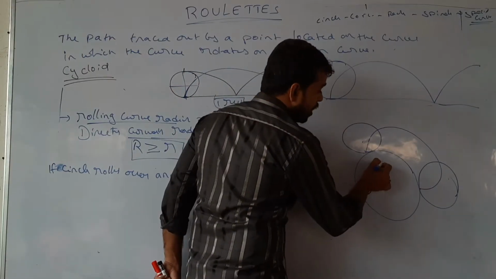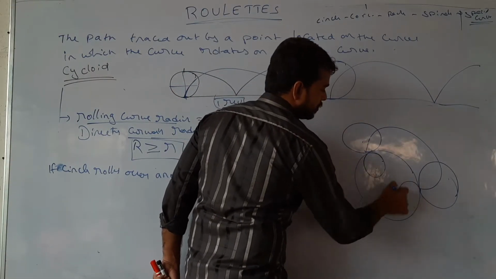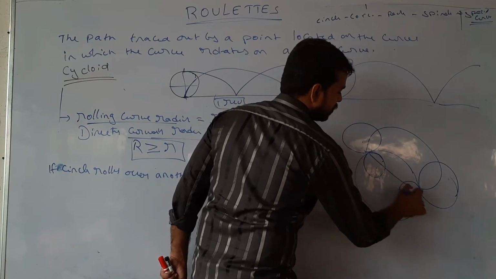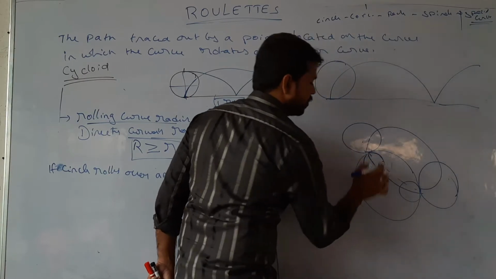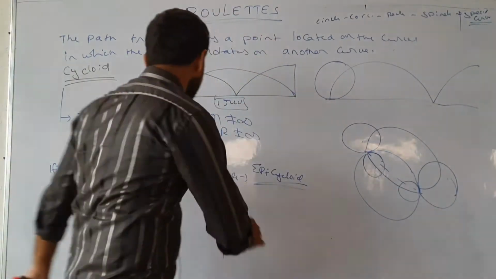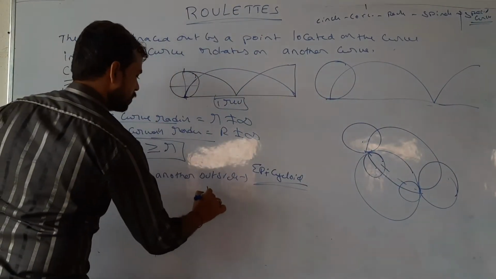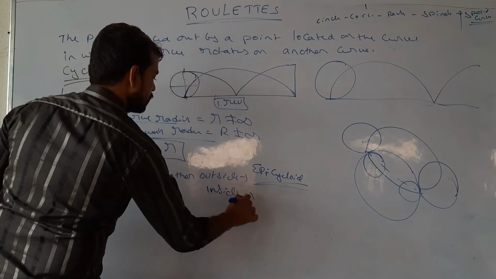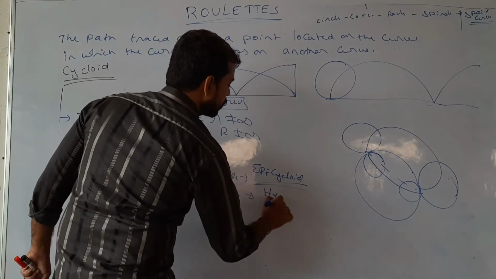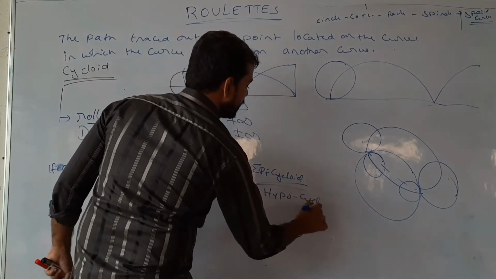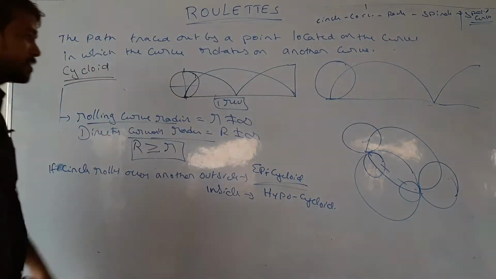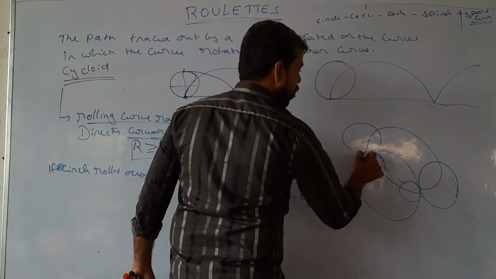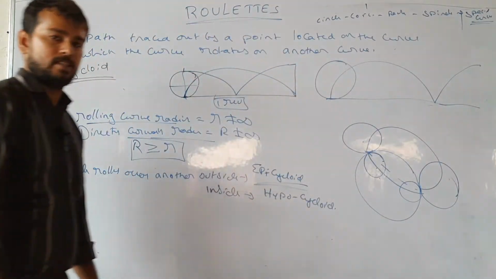Next, what if it rotates on the inside? What if it rotates on the inside? Then you will get hypocycloid. In all these conditions we located the point on the circumference of the circle.